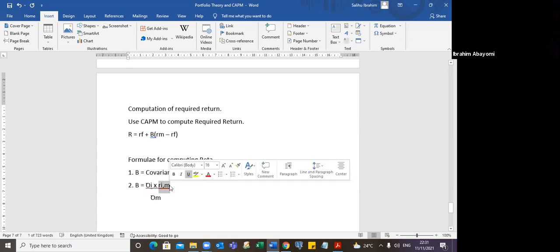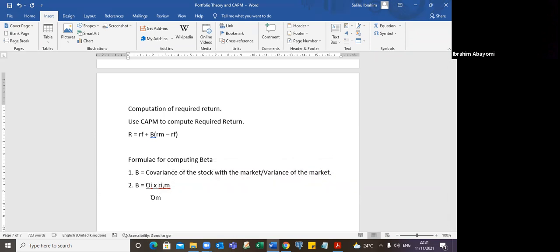If correlation is not given, you don't have to waste your time. You just use the standard deviation of the investment over the standard deviation of the market. As simple as that. Let me take it as a note here. Note.